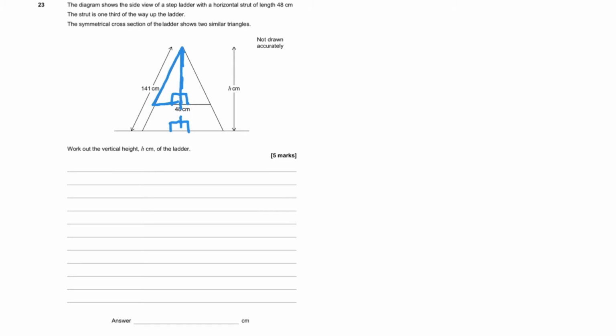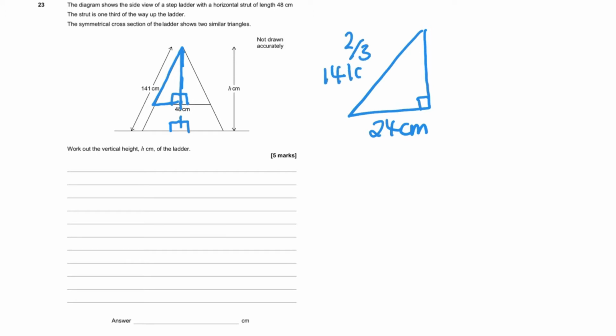Because we've divided the strut in half, we've got a triangle that's 24 centimetres along the bottom. It's got the right angle, and we've got 2/3 of 141 centimetres for the length of our hypotenuse, because we've been told that the strut is 1/3 of the way up the ladder.